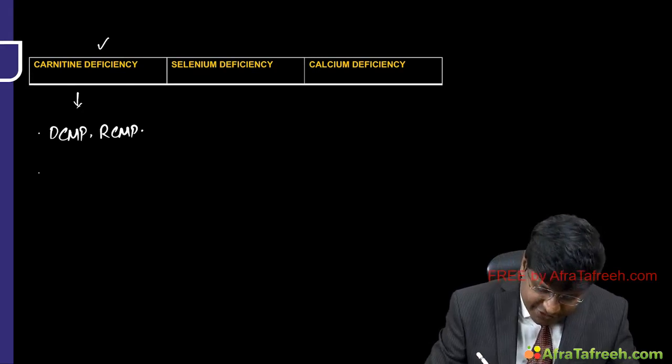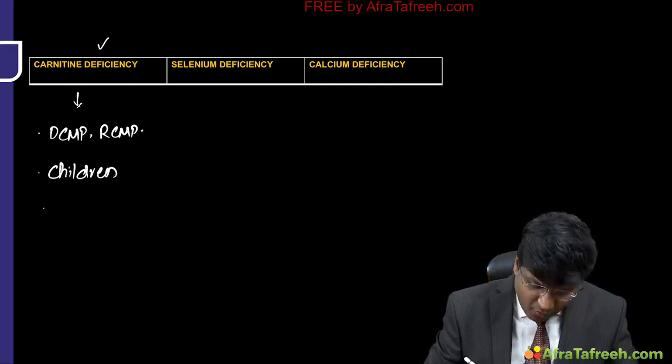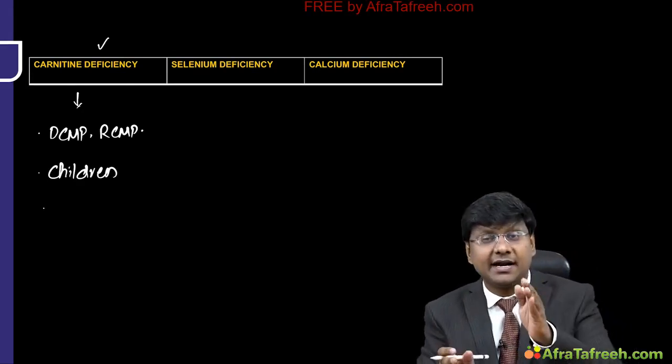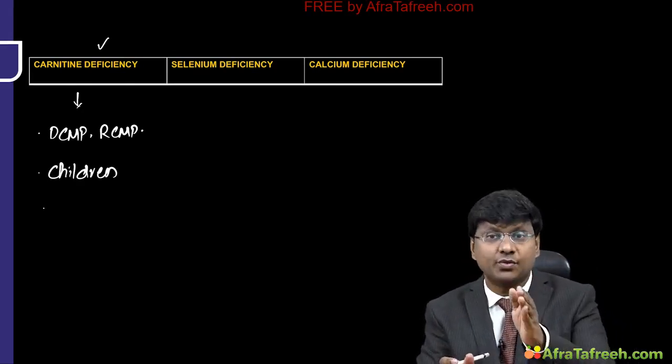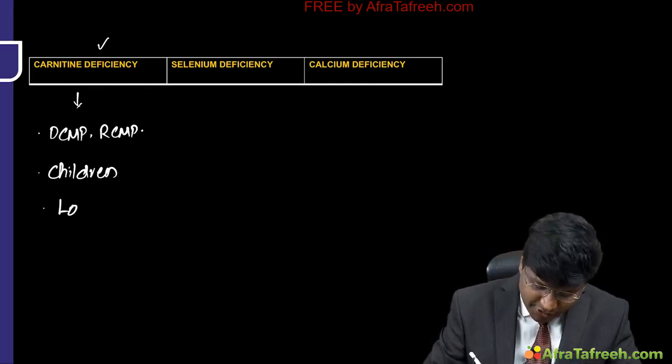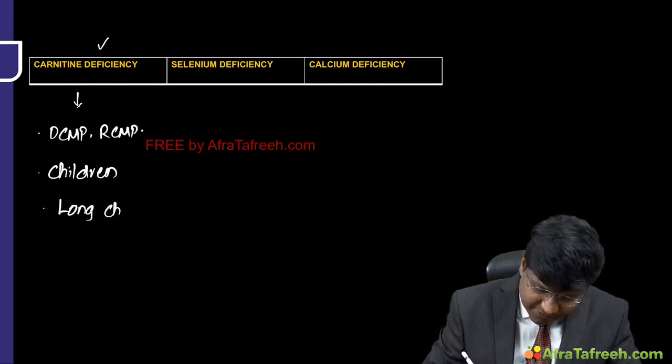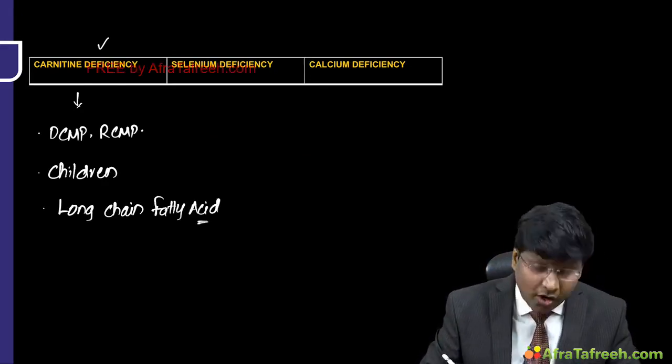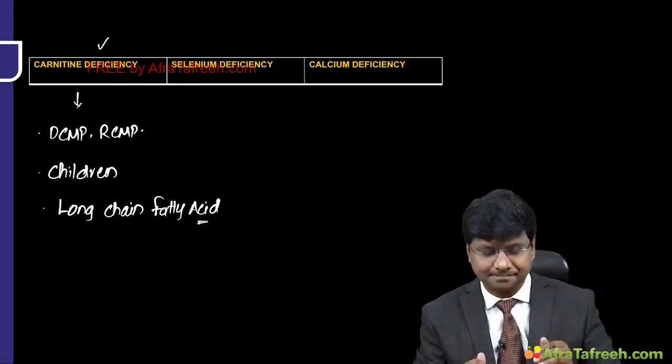And this carnitine deficiency is very commonly seen in children. And what exactly is carnitine? Carnitine is an essential cofactor which is required for long chain fatty acid metabolism.